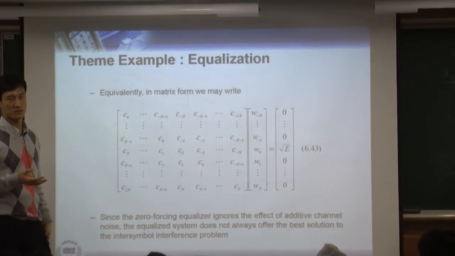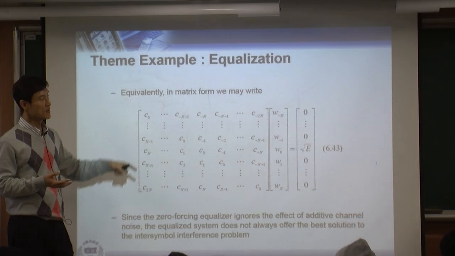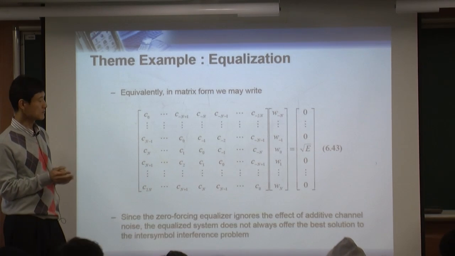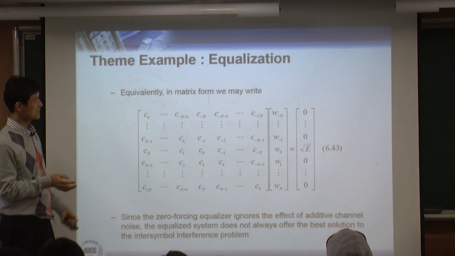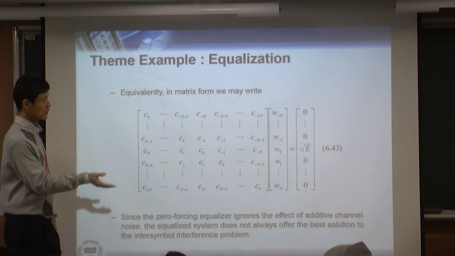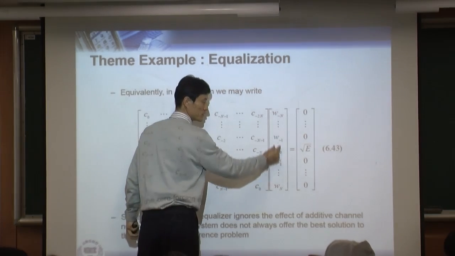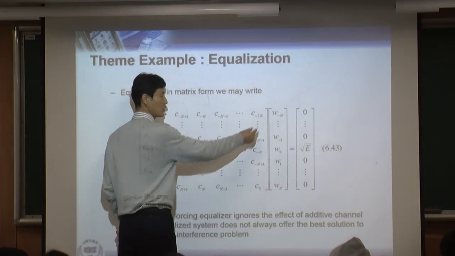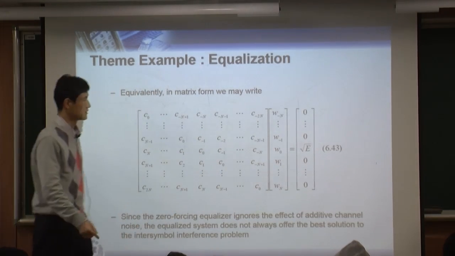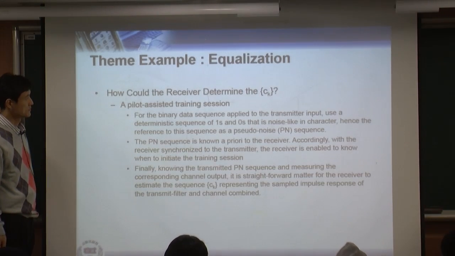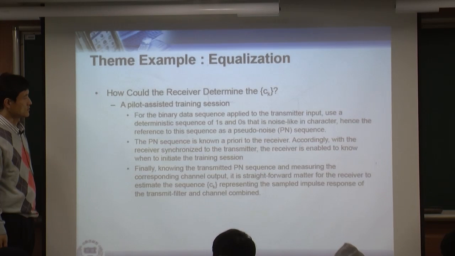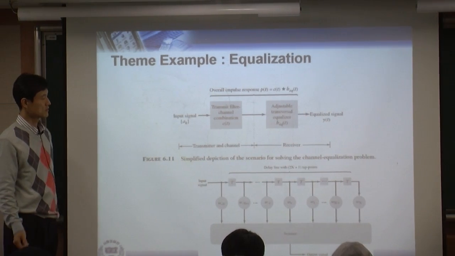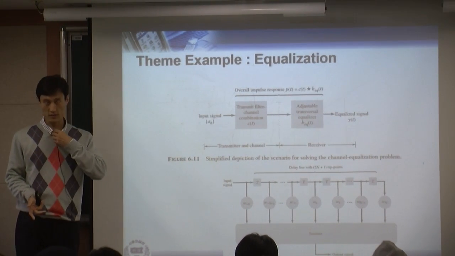With 2N+1 taps, we have more taps, but the same idea. That's why we have this equation. So this is how to calculate the W matrix, the equalizer coefficients. Okay? So that's the idea of equalization. Okay, so let's continue next time.